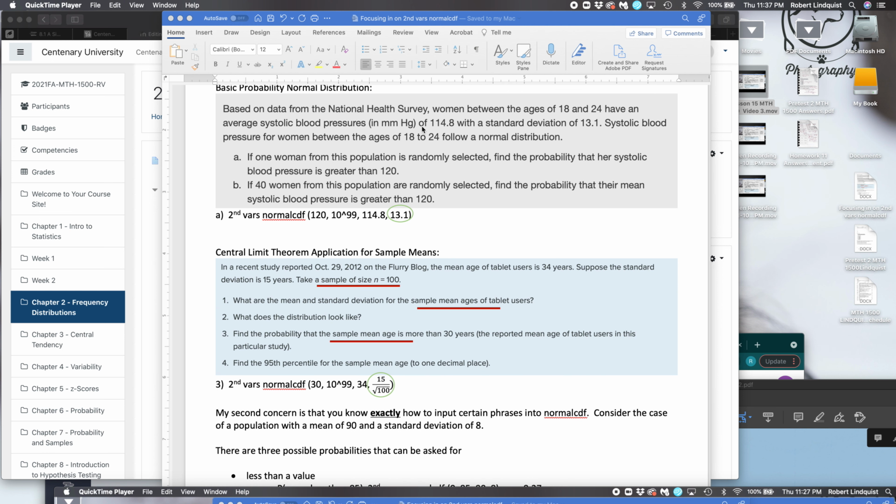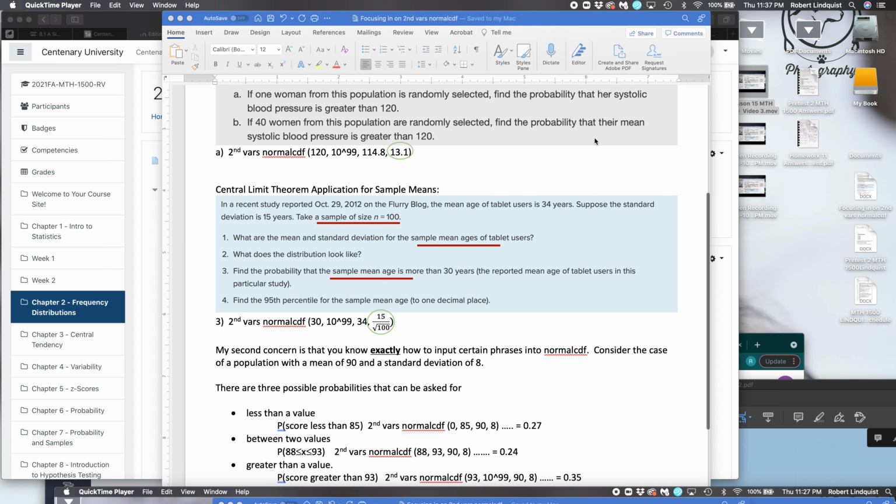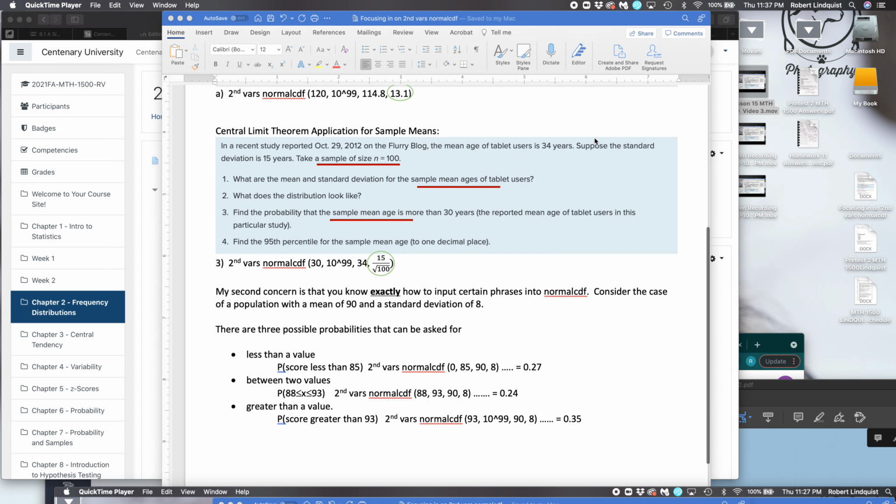There's nothing about sample means. There's nothing about sample size, nothing at all about samples in here, other than to say that we have women in an age group of 18 to 24, and they have a standard deviation and a mean, but it's the mean of that population. In the blue box, very different.